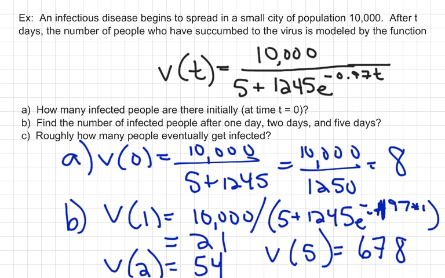The last one asks roughly how many people eventually get infected. Well, the best way to figure that out is to plug in a very large number for t, because eventually it's going to level out, after which you don't have more people getting infected. The way I like to do the problem is to plug in 100,000 because it's a pretty big number.